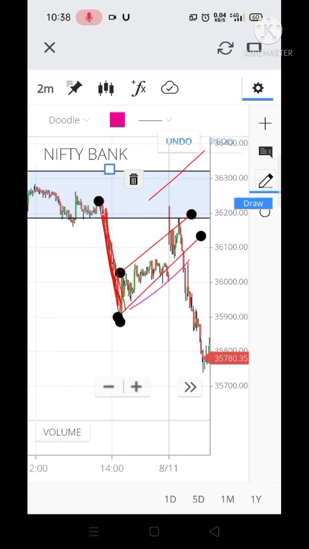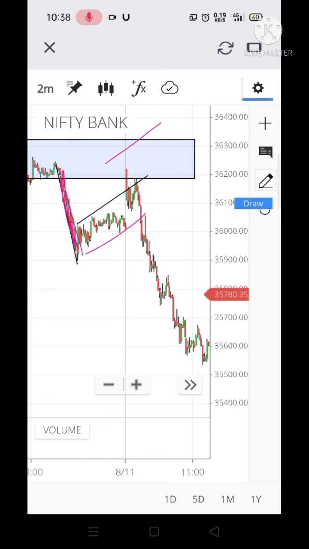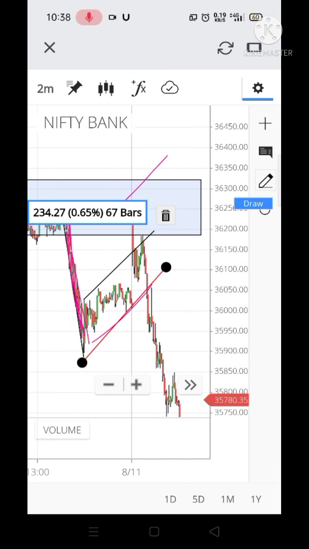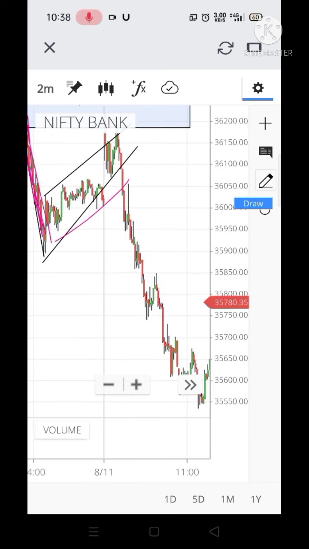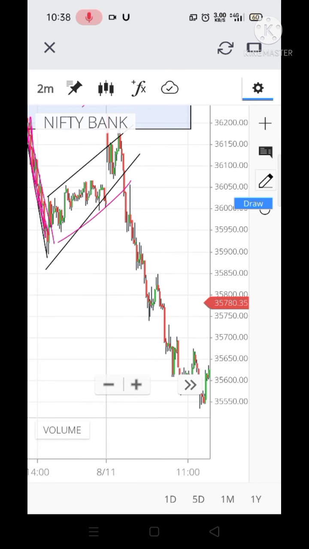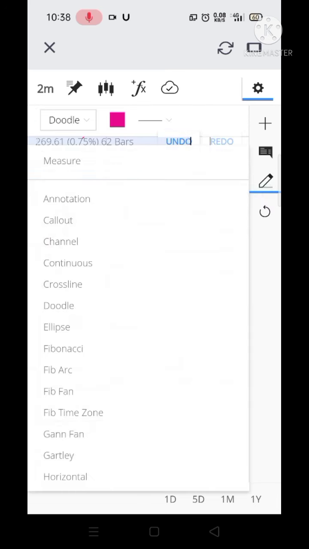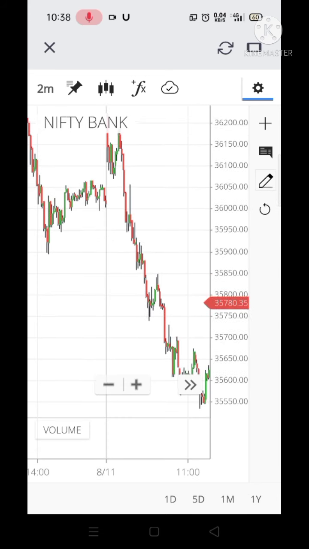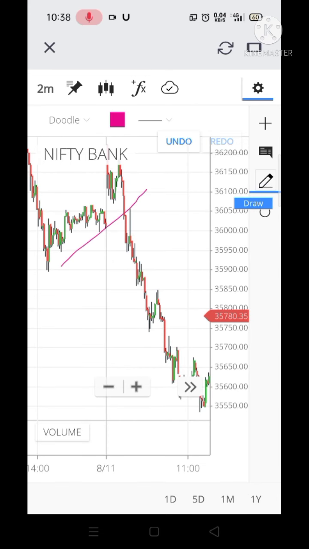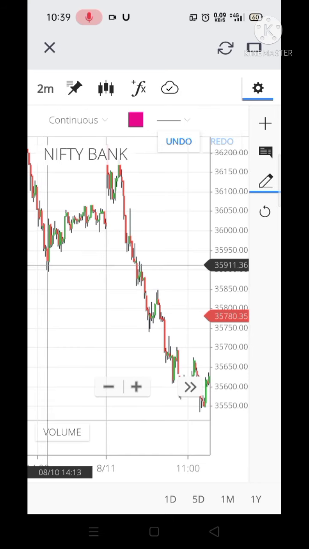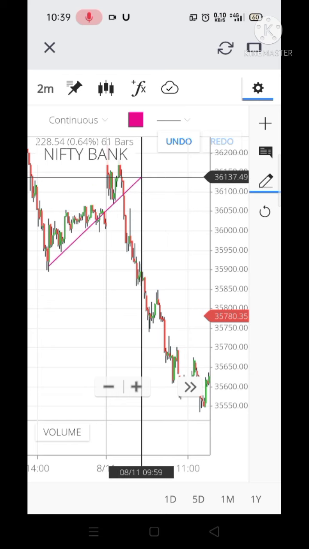So once the market was consolidating, let me clear the drawing first, it is getting messy. So this was the flag. Once the market broke this zone at 9:39, I took my short trade. This was the trend line connecting the swing lows.